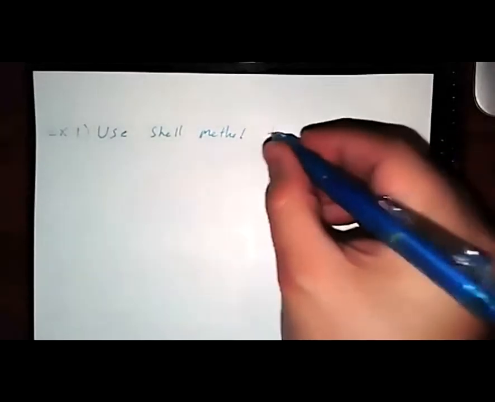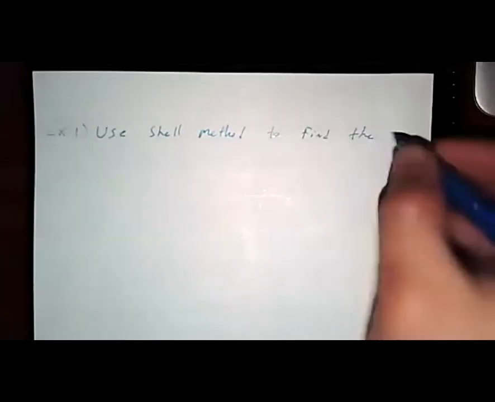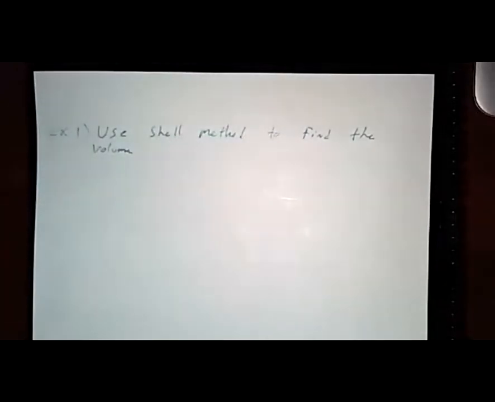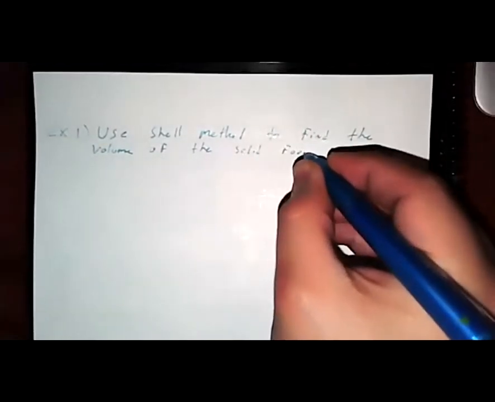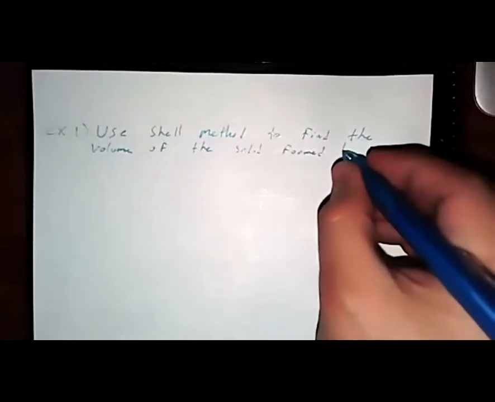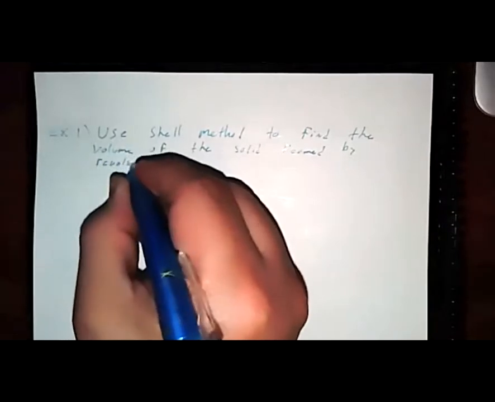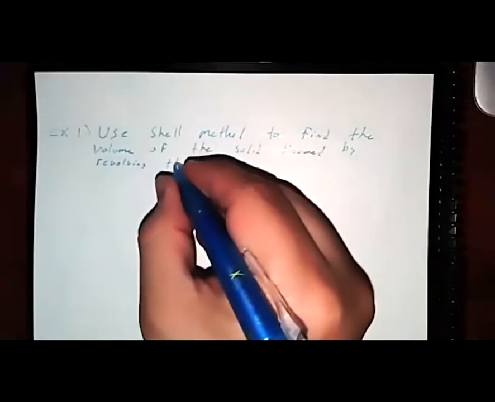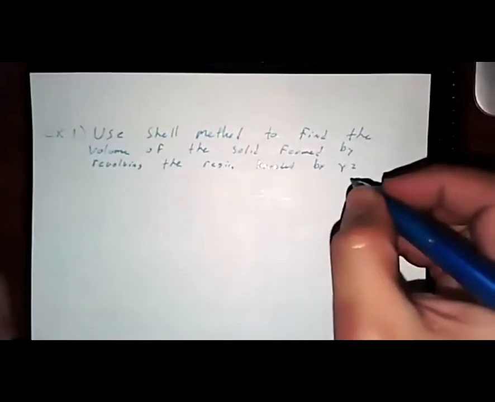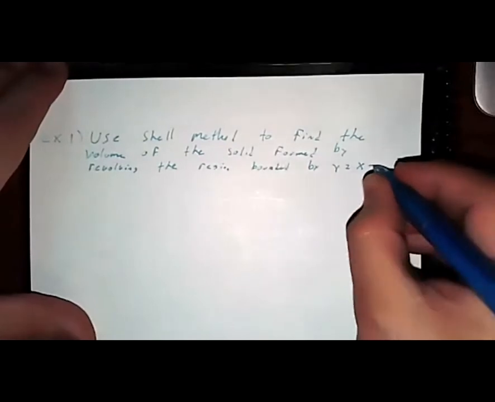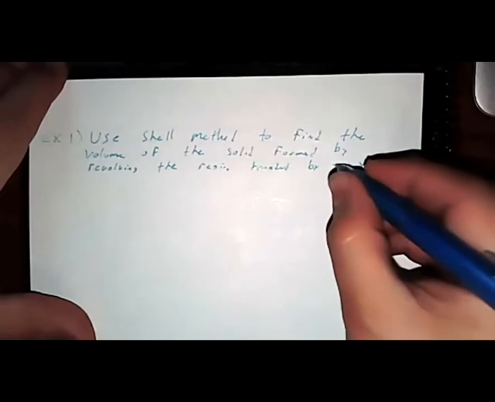Use the shell method to find the volume of the solid formed by revolving the region bounded by y equals x minus x cubed and the x-axis.